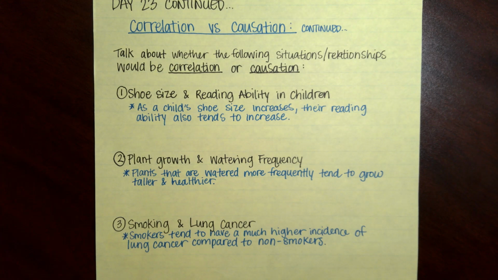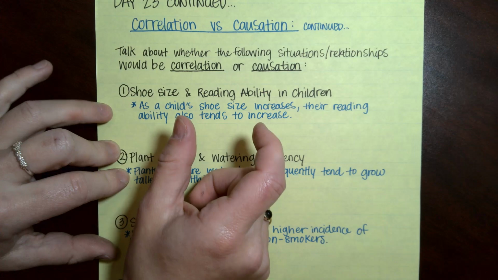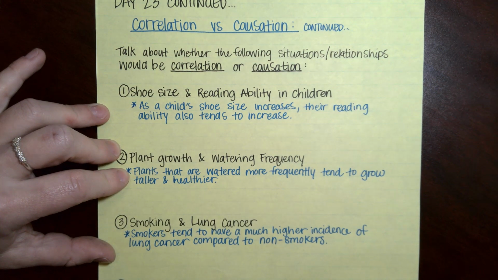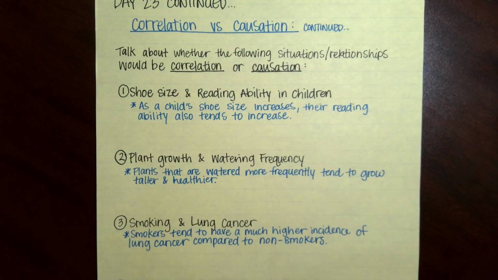As children get older, they probably learn how to read a little more. So whenever we have two variables that are correlated, it doesn't necessarily mean that they cause each other to happen. It probably means that there is some invisible variable that we haven't considered, such as age.